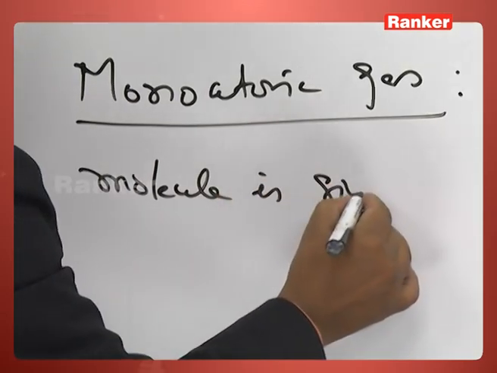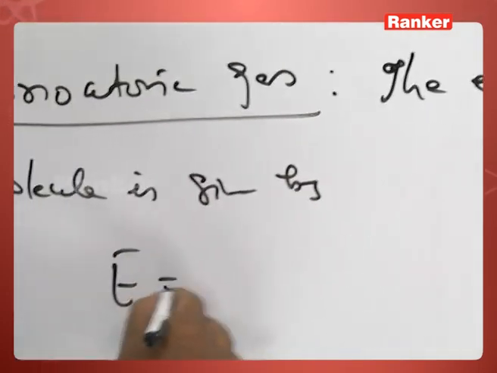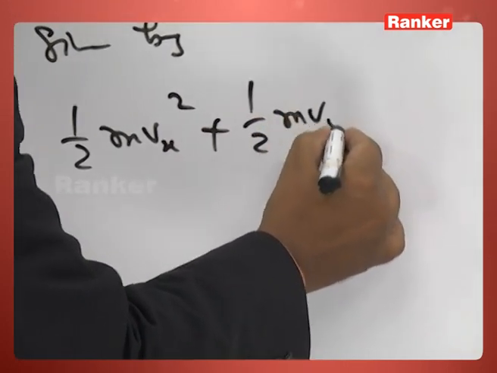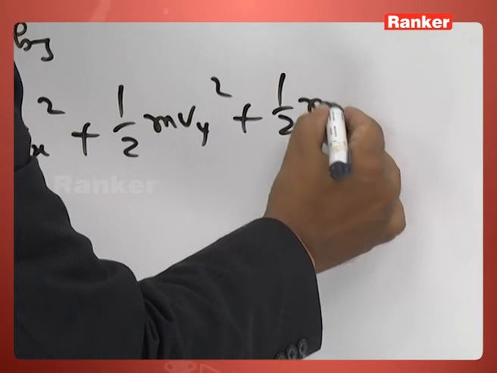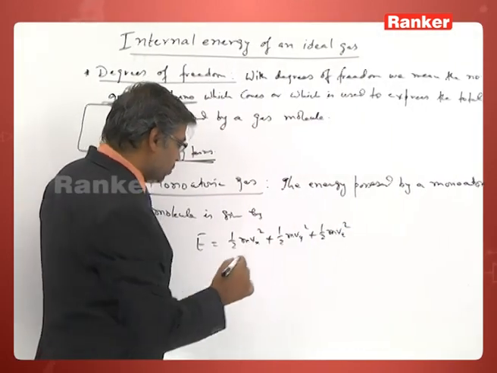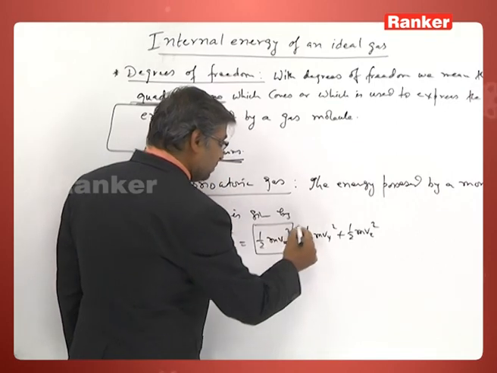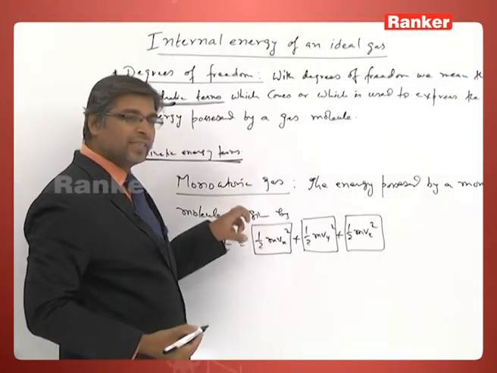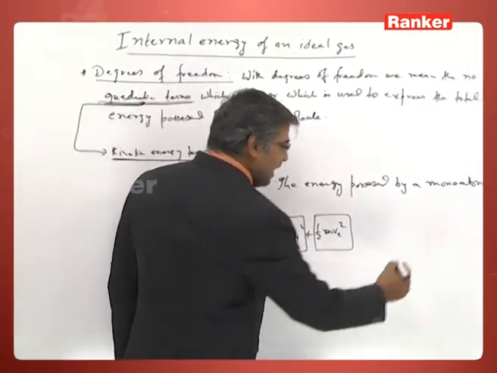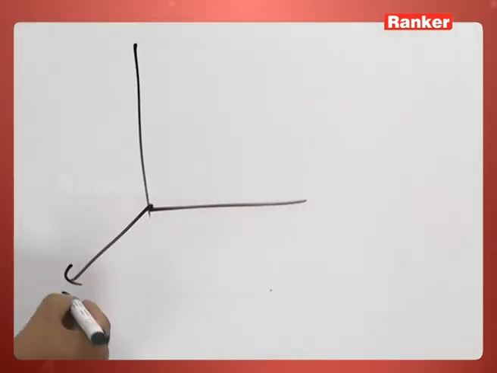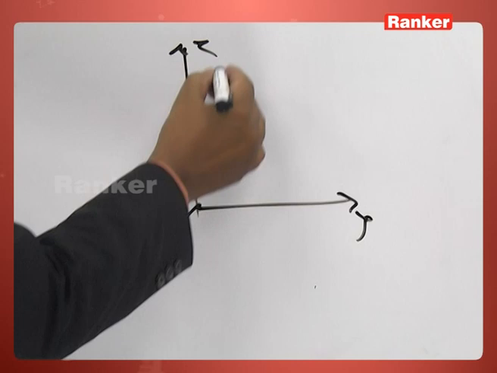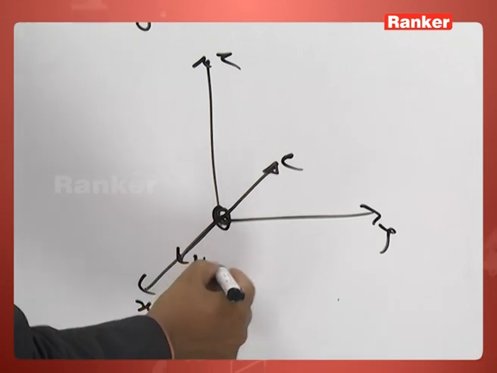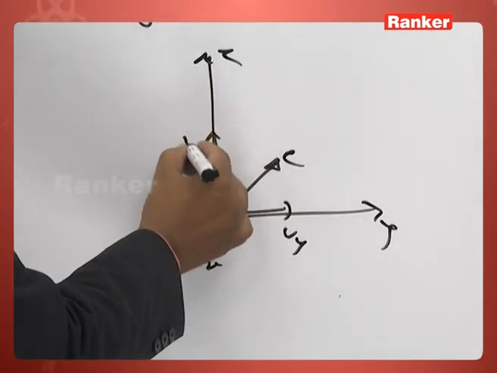is given by E equals half mvx square plus half mvy square plus half mvz square. So, here we have three terms. These are quadratic terms which are used to express the total energy. You see here this is x axis, y axis and z axis, and if I have a molecule with velocity c, I can write this as Vx, one component, Vy, one component and Vz.